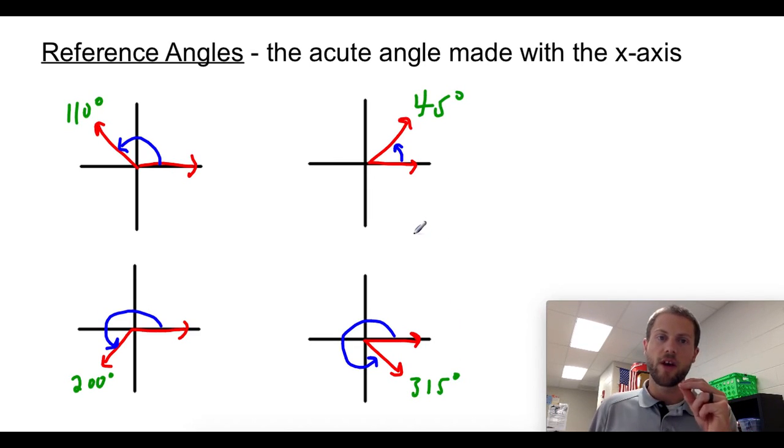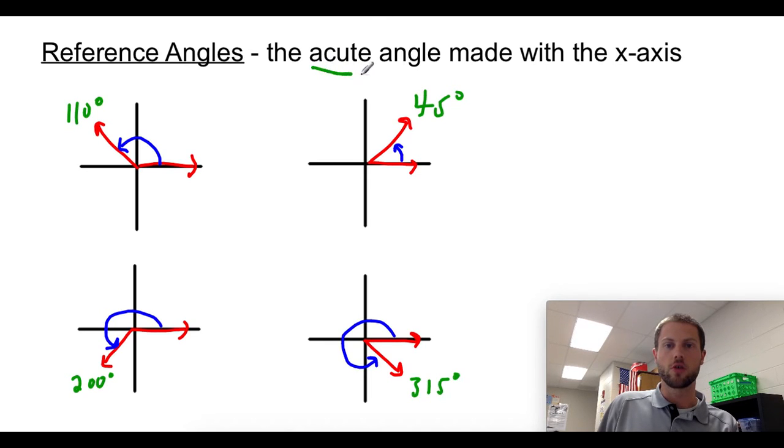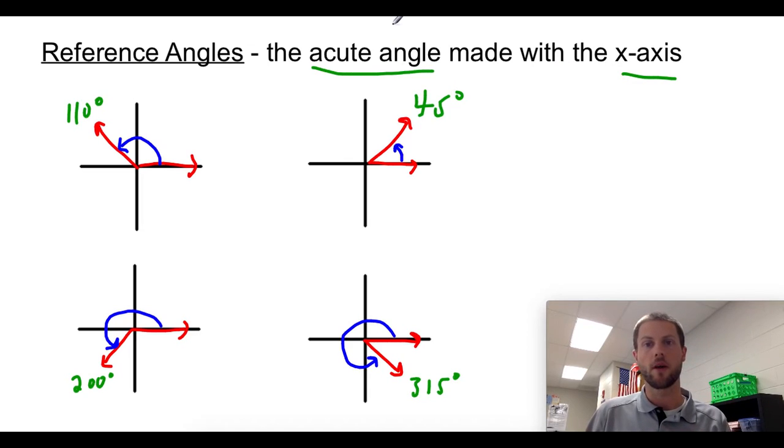When I'm finding the reference angles, let's recall what the reference angle is. It's the acute angle made with the x-axis. So the first thing I might do is visualize what this means. The acute angle made with the x-axis in quadrant 1 is just this angle right here. In a second quadrant angle, it's going to be right here.